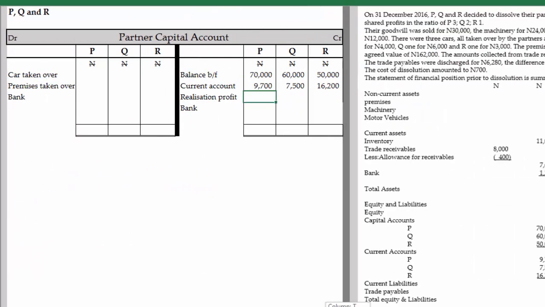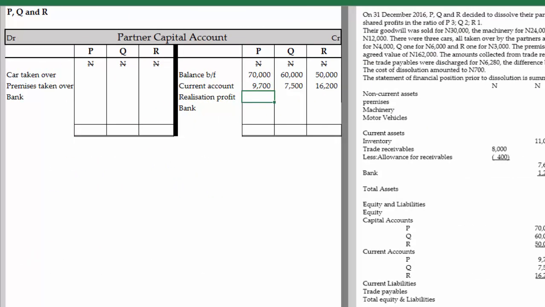So let's transfer them. Realization profit: P 14,610, Q 9,740, R 4,870.